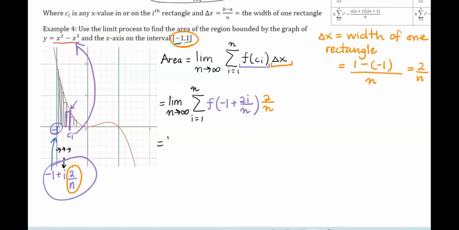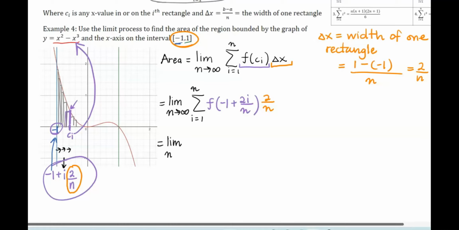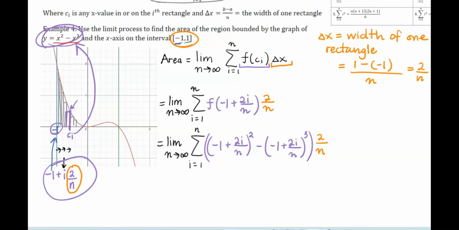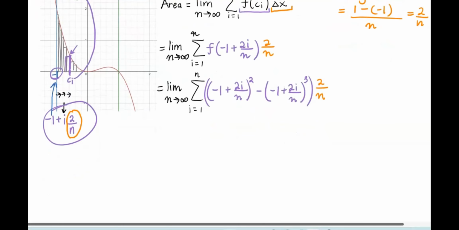I'm going to write out what this is before I actually simplify it. For f of ci, we need to plug negative 1 plus 2I over n into the function. So we would have negative 1 plus 2I over n squared minus negative 1 plus 2I over n cubed, and then all of that multiplied by 2 over n.